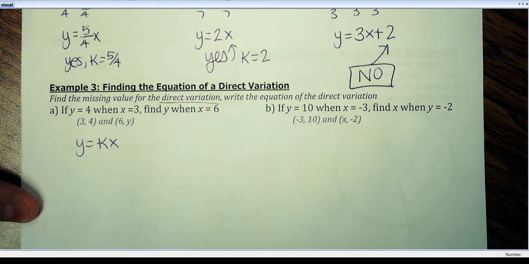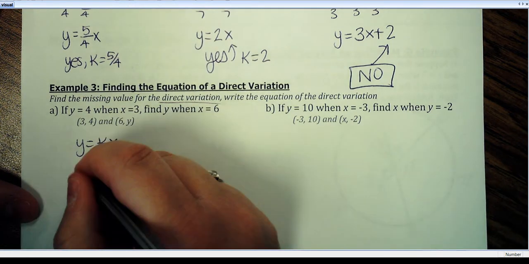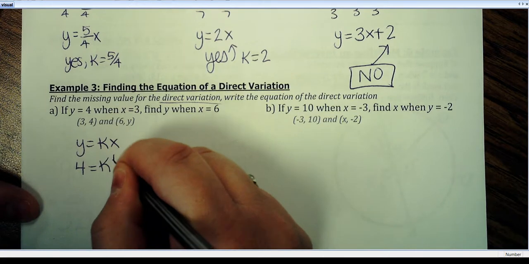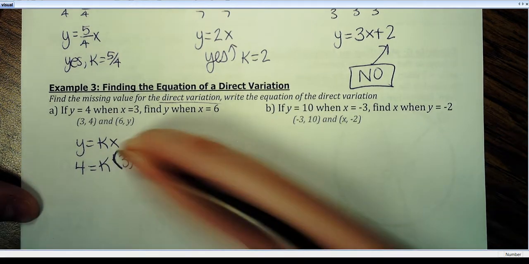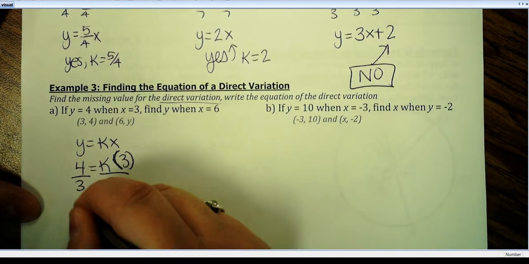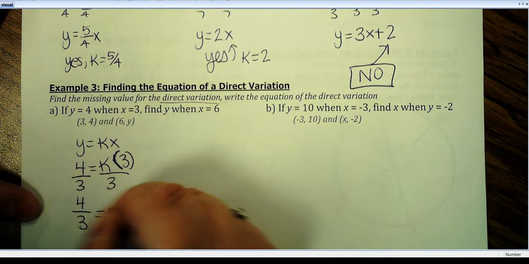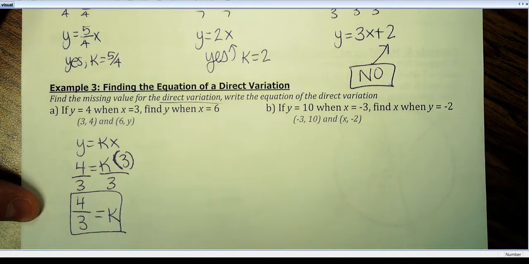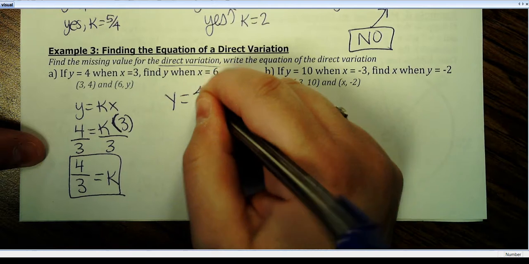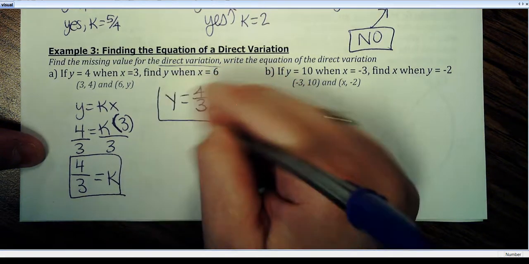I'm not told the k value, but I am told that y is 4 when x is 3. So I'll pretend that was a parenthesis. Now, if I divide both sides by 3, that will give me my k value. If we're supposed to write the equation, that would just be y equals 4/3 times x.